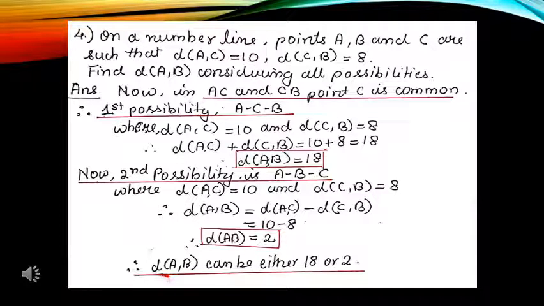So we subtract them to get our distance between AB, which is 2. So this is our second possibility. Therefore, the answer can either be 18 or 2. So you have to be very vigilant and see the placing of the points and try out all the combinations to get the different possibilities.